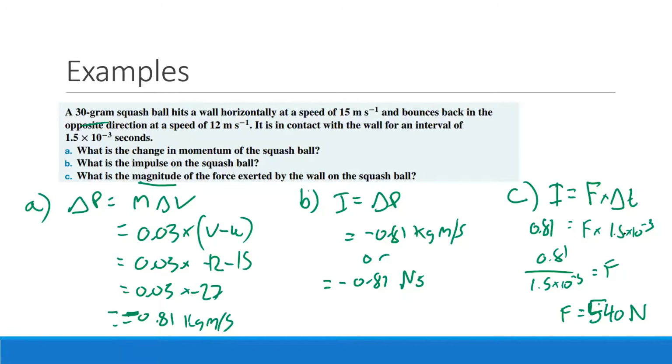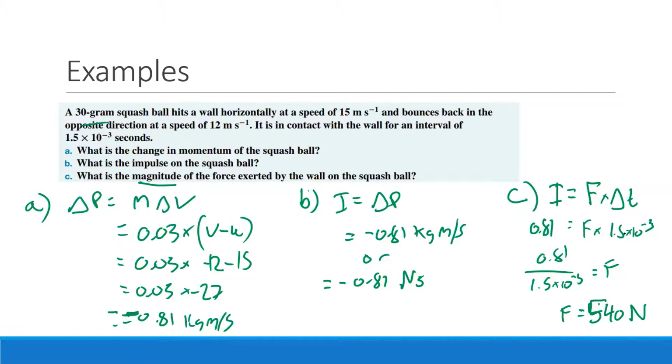It's probably not touching it for very long, especially if you use a hard ball. So it has to transfer a lot of force in a very short amount of time, because it needs to change its momentum a huge amount in just a fraction of a second.